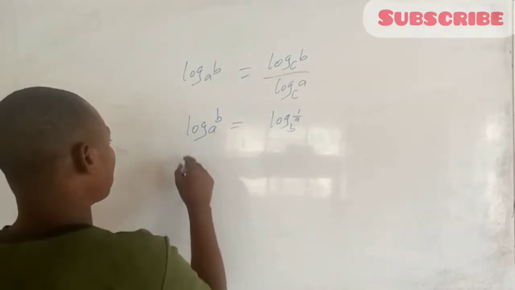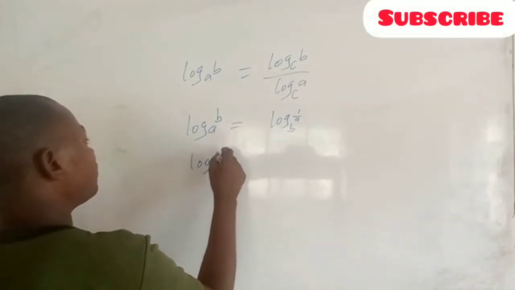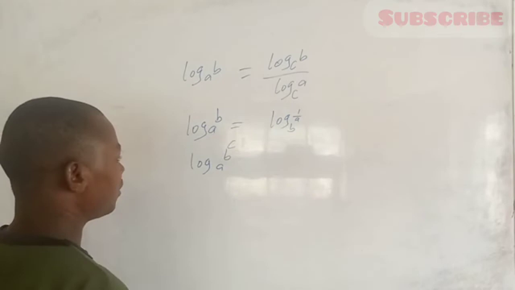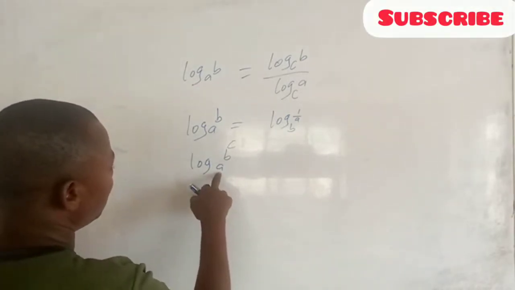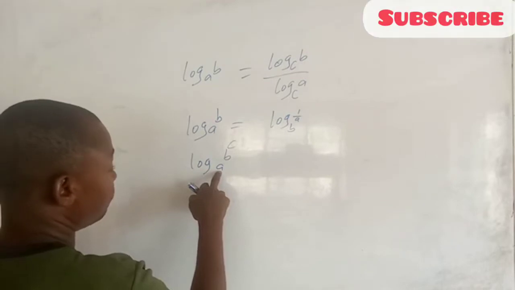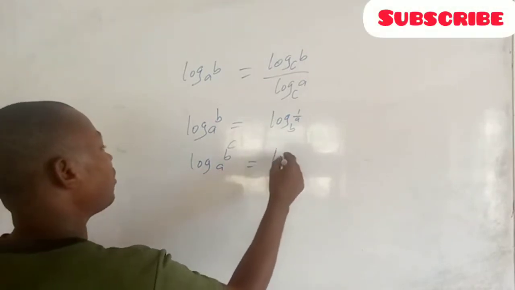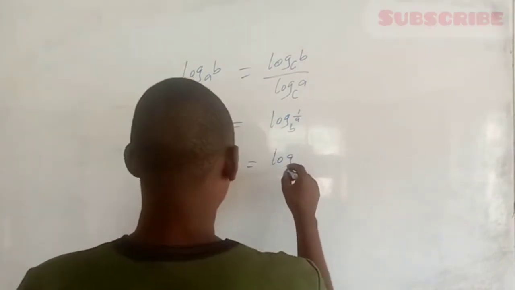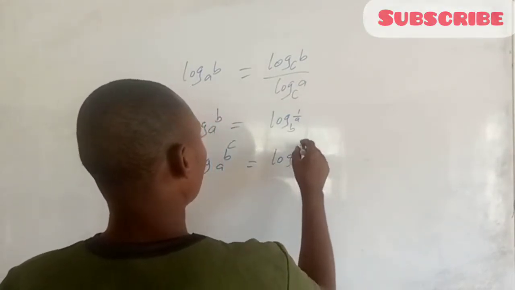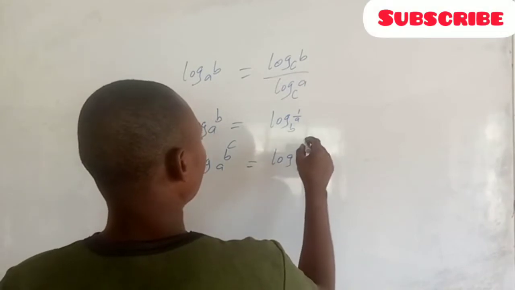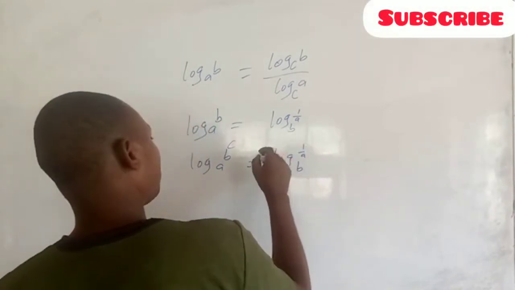We can have something like log a of b c, where we want this to become the base. We can have it as log b of 1 over a, and this one will become c.